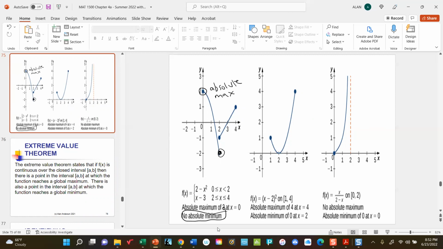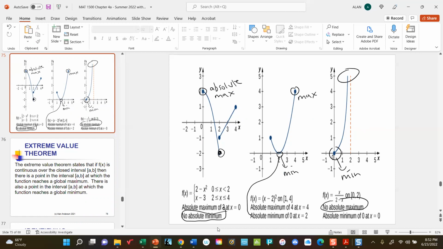Here, over this interval, the function never falls below 0. That's our minimum. And it never goes above 4. That's our maximum. Now this one, because there's an asymptote, is considered to have no absolute maximum, but it does have an absolute minimum.